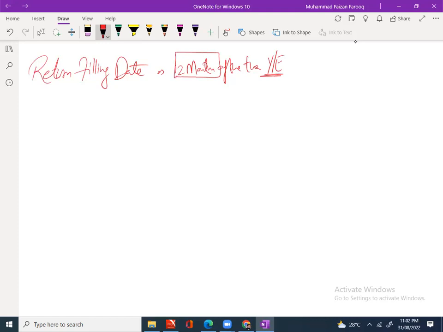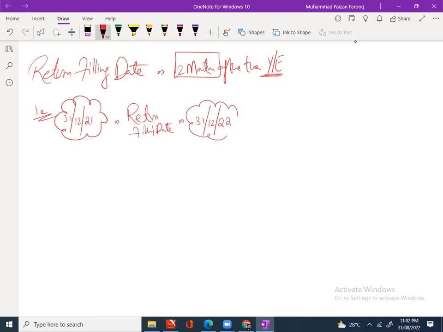For example, my year end is 31st December 21, so my return filing date will be the same date, same month, but 22. This is the date by which I must submit my records to government.